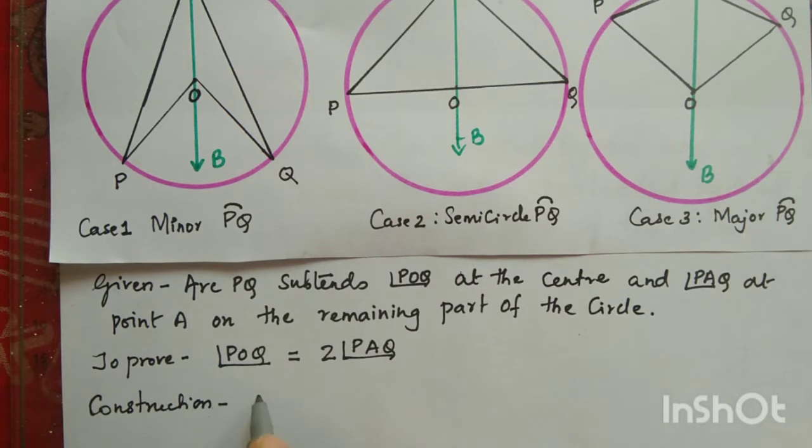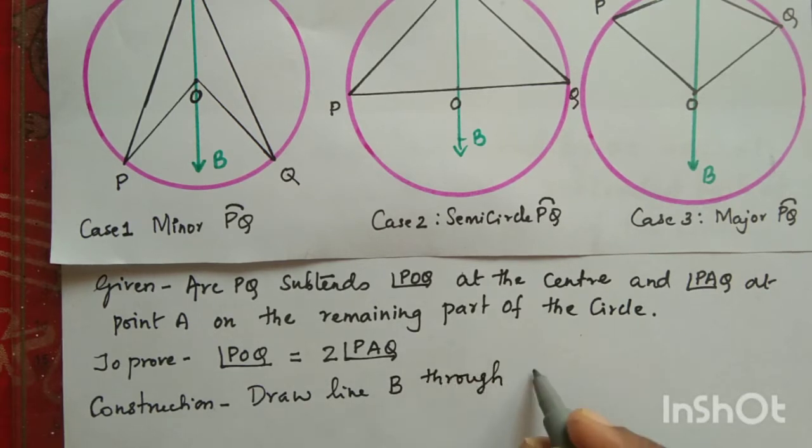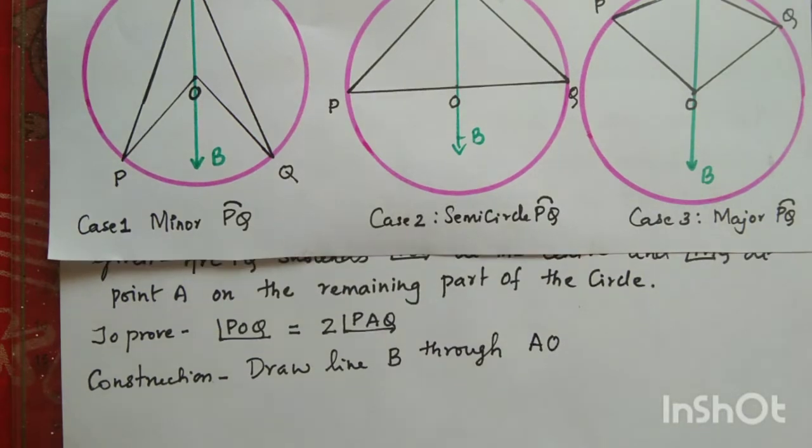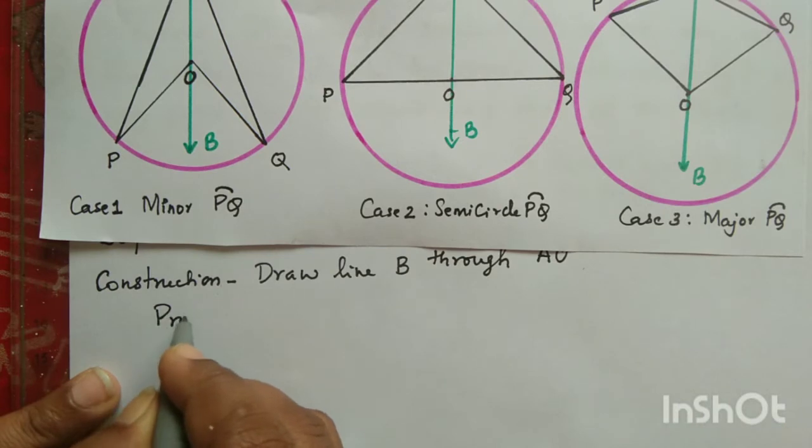Construction is, draw line BO through AO. Now we will see the proof.